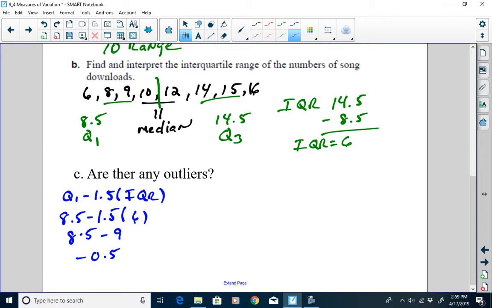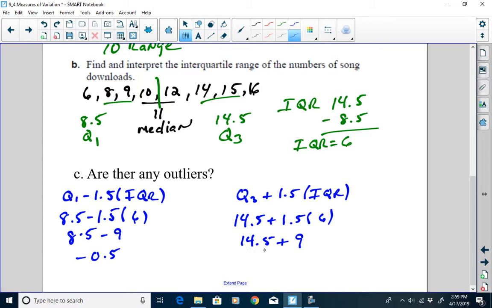Doesn't look like we have an upper outlier either, but let's at least find that boundary. That boundary is going to be our Q3 plus 1.5 times the IQR. Our Q3 is 14.5 plus 1.5 times my IQR, interquartile range, which is 6. I have to do my order of operations first, so that's going to be 9.